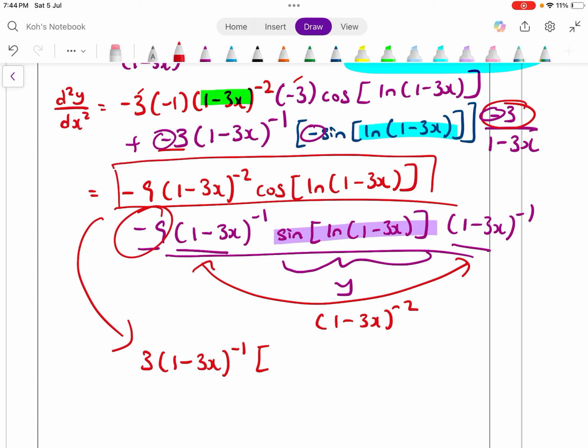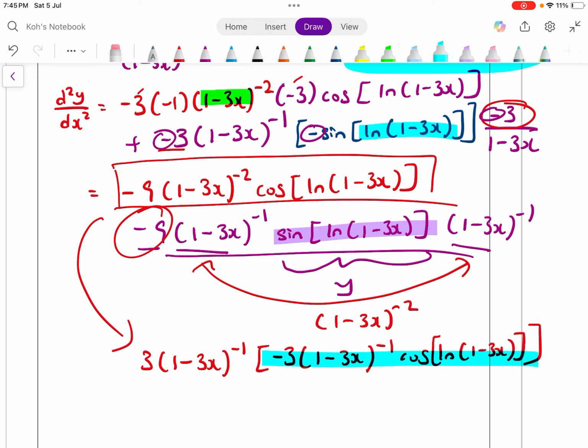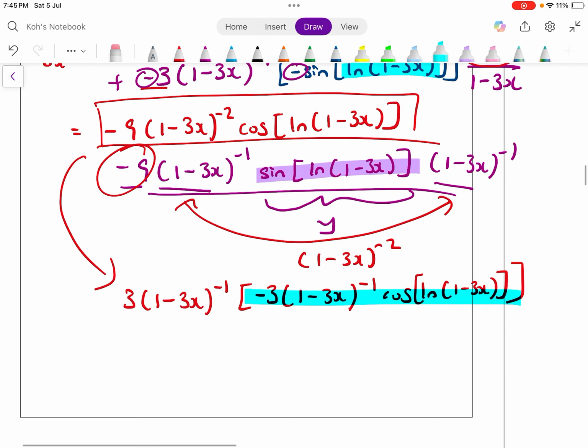So what is left is actually negative 3, (1 minus 3x), then here is minus 1 cosine ln(1 minus 3x), square bracket. So this whole thing right here is actually your dy/dx. So as seen, this is your dy/dx.